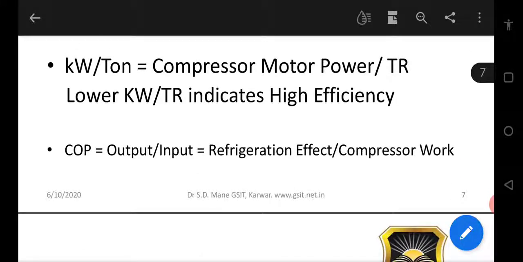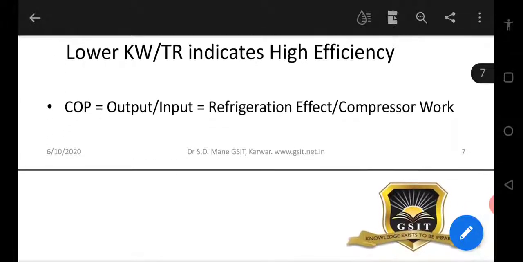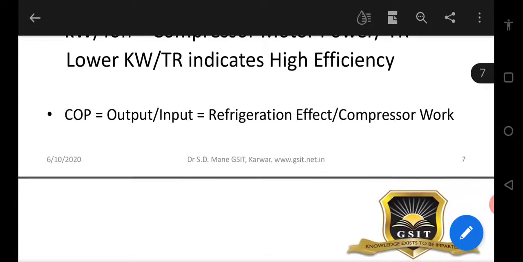In our academics, we study COP, coefficient of performance, which is nothing but output by input. Output is the refrigeration effect in terms of kilowatt, and compressor work also in terms of kilowatt. And for VCRS, vapor compression refrigeration system, we have COP ranging from 2 to 5.